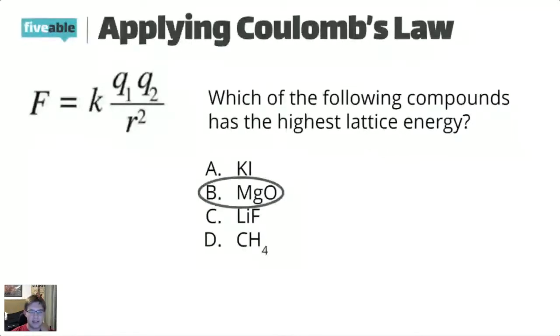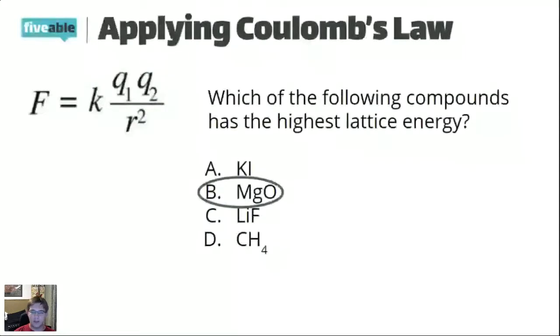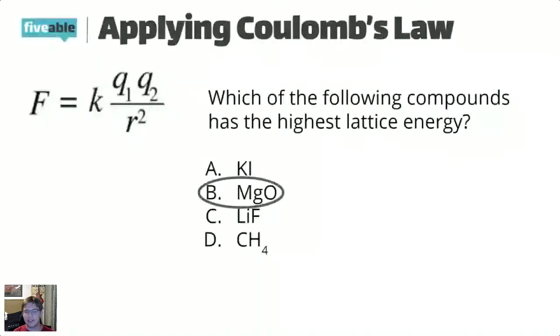So let's start going through these. Potassium iodide: potassium and iodide both have +1 and -1 charges. However, they're relatively large, meaning you're going to have a high distance. Lithium fluoride, lithium and fluorine, they're small, however they are +1 and -1.